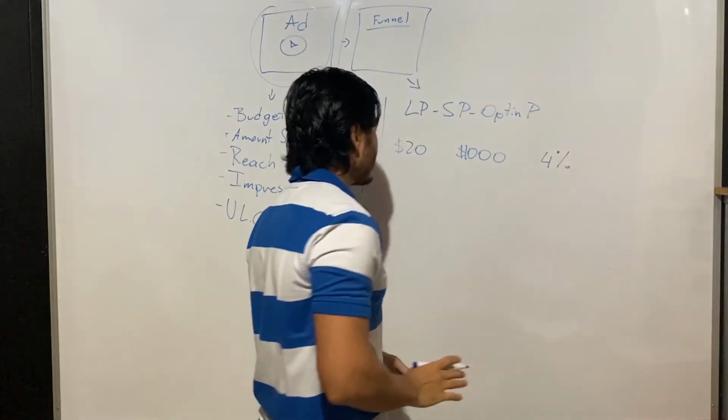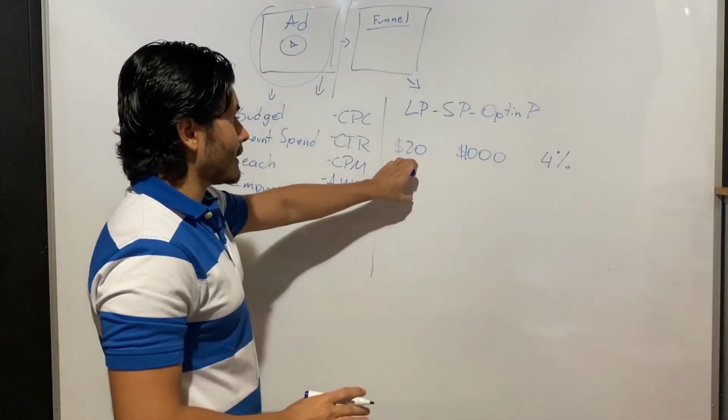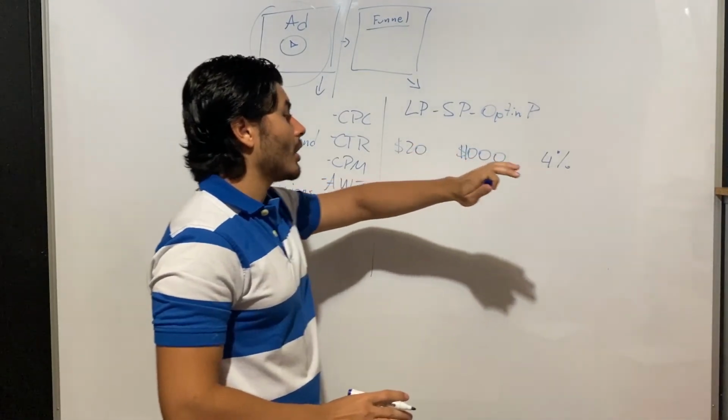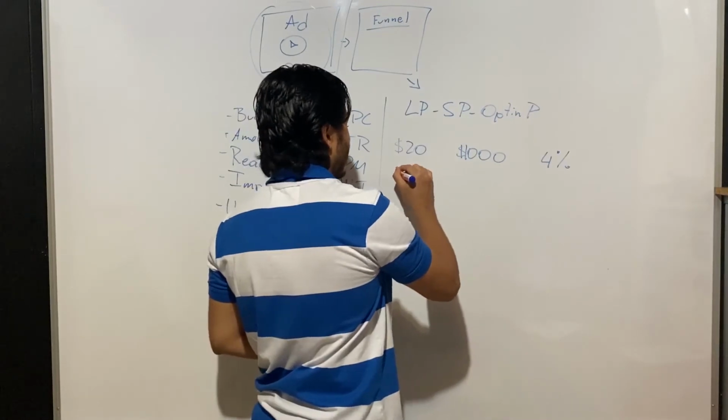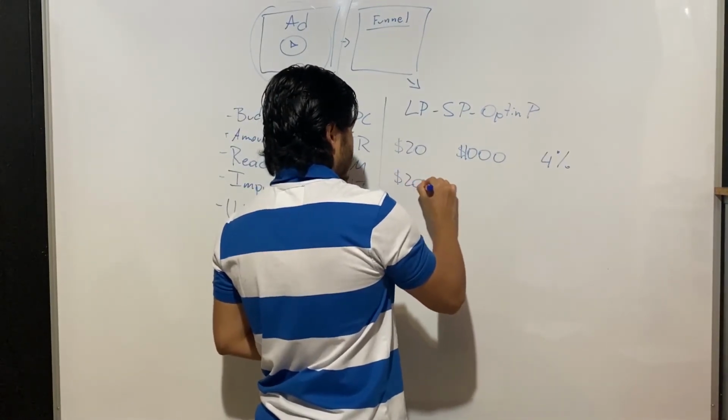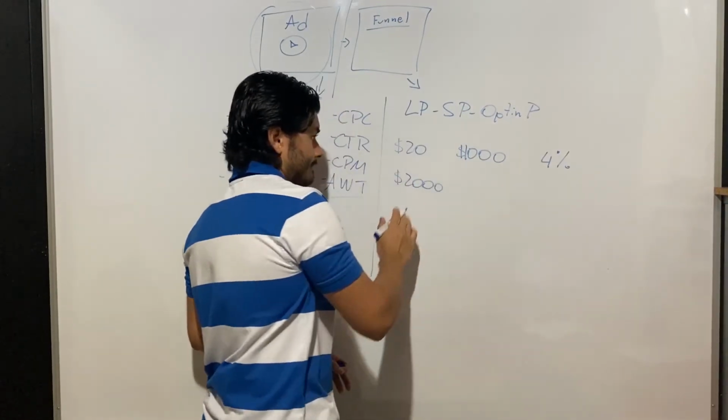That means that to get 100 leads, we need to spend $2,000.